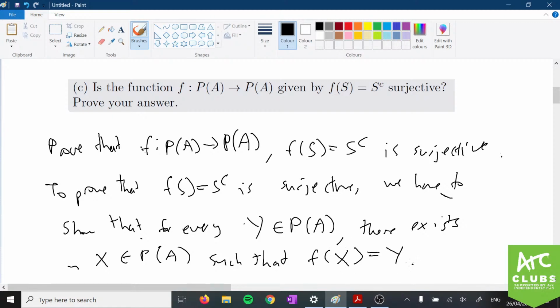We just have to find one, right? For any element in the power set of A, we just have to find another one in the power set of A, so that the function value of x equals y.